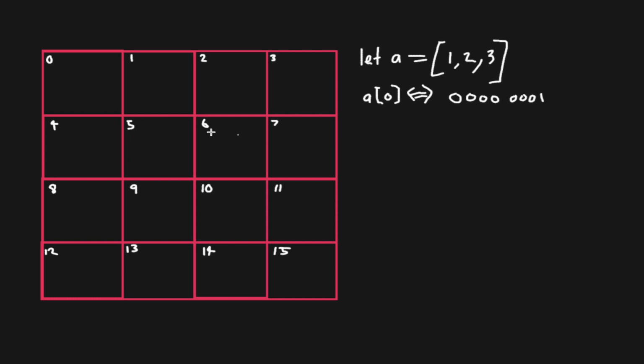So when we say that A0, which is 1, is equal to the 8-bit number 1, and likewise we would have A of 1 and A of 2, and all of this is going to be the same, so I'm just going to do dot dot dot, and in this case we're going to have 1 0 at the end here.